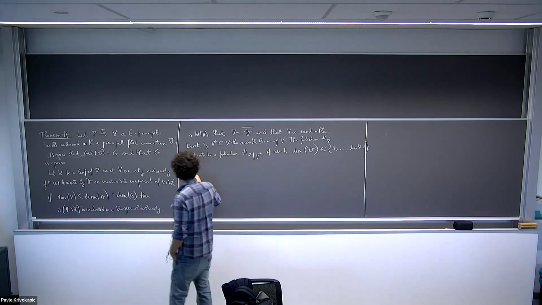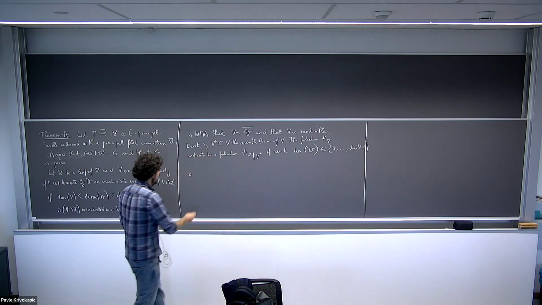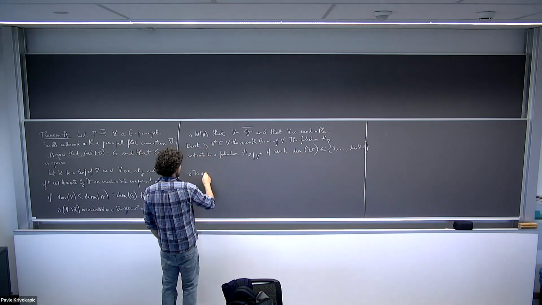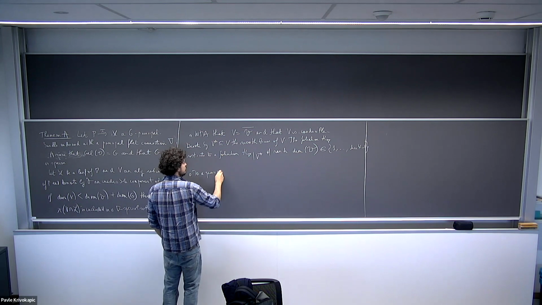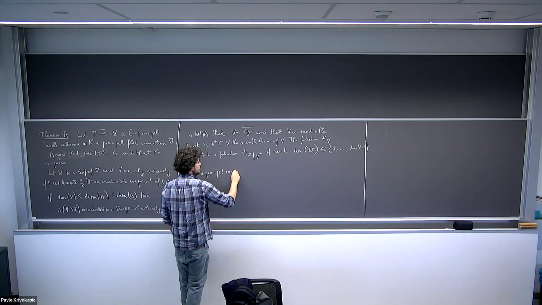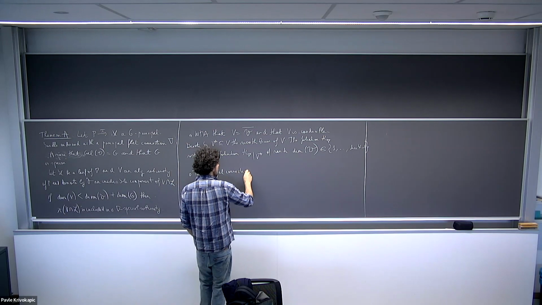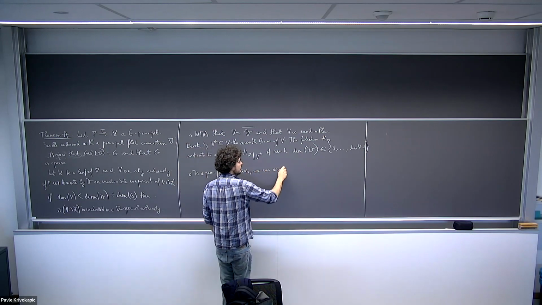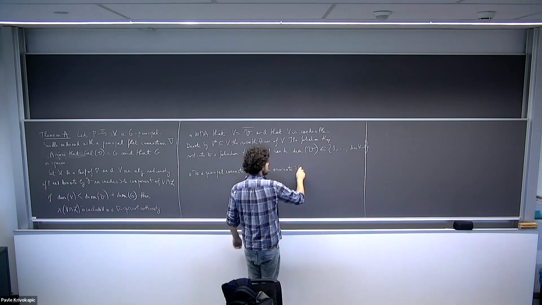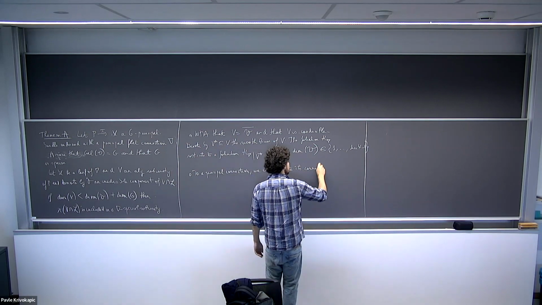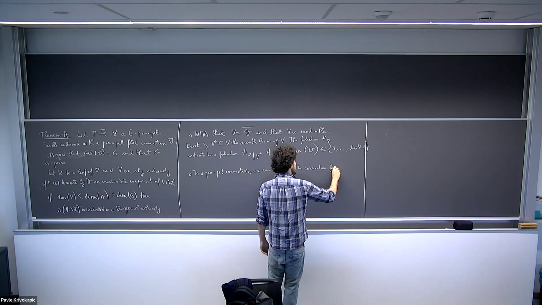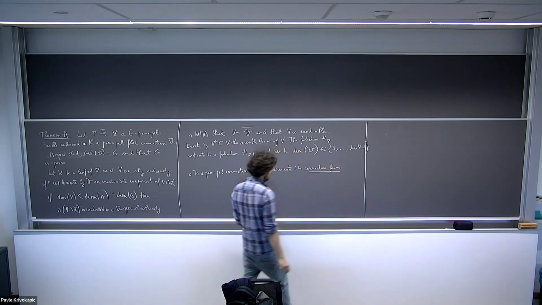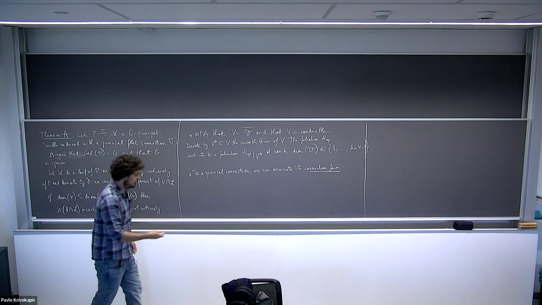What I was explaining last time is that to a principal connection we can associate its connection form, which will be a G-valued one form.